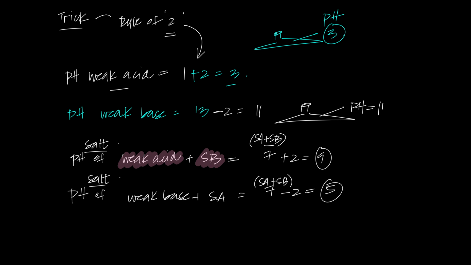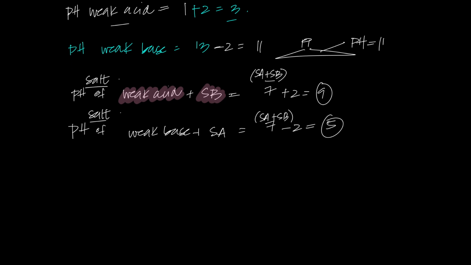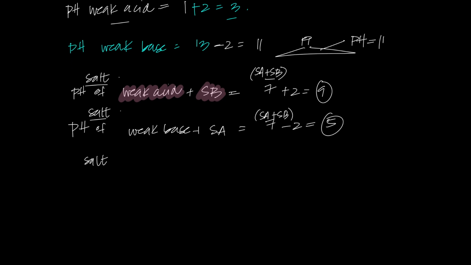What if we use a weak acid and a weak base? Let's talk about it. What's the pH of the salt of a weak base and a weak acid? You tell me. The strong acid and strong base pH is pH 7. Right? And if it's a weak base, what does that mean? It's going to lie more towards the acidic end.